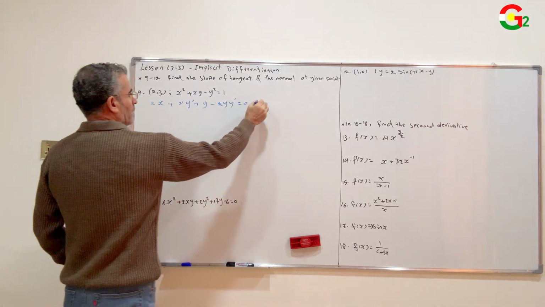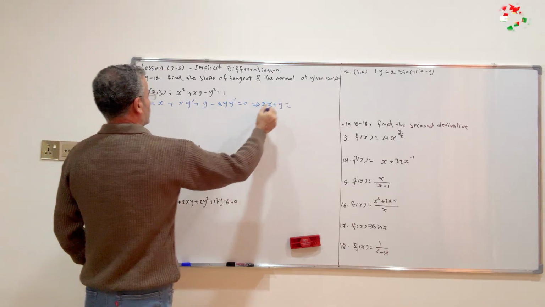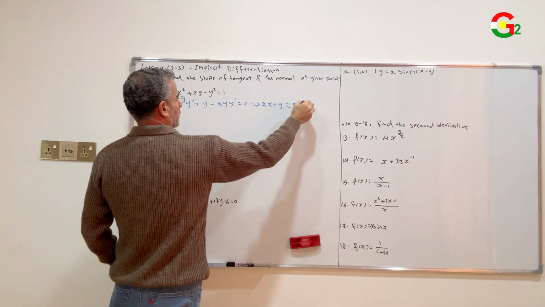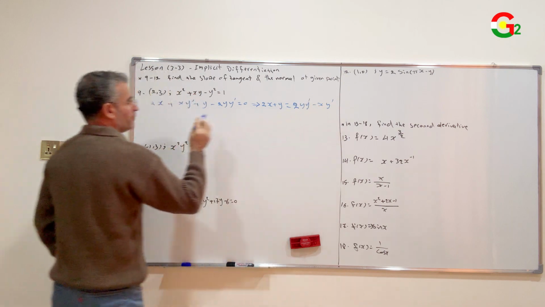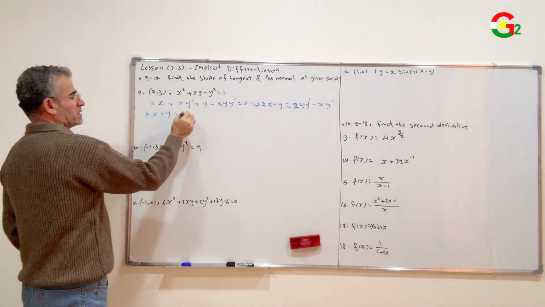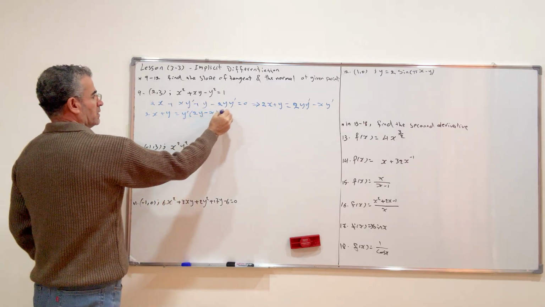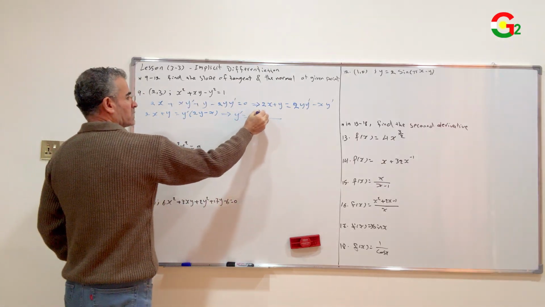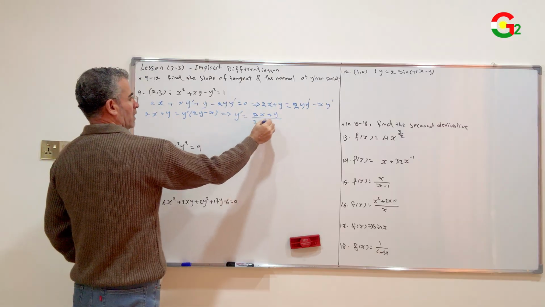Then 2x plus y equal to 2y y prime minus xy prime. 2x plus y equal to y prime times 2y minus x.